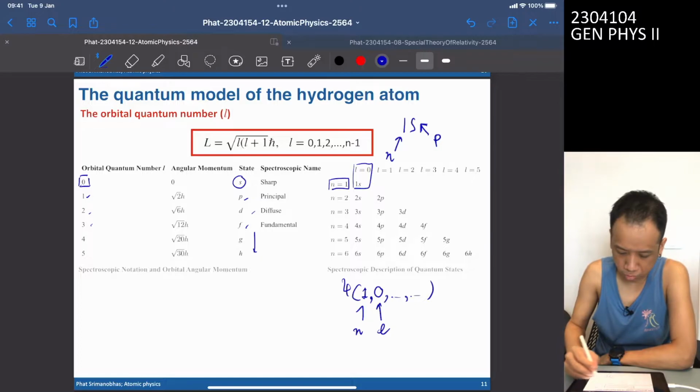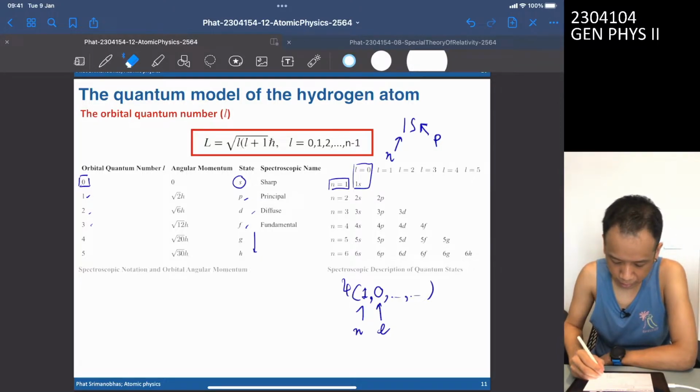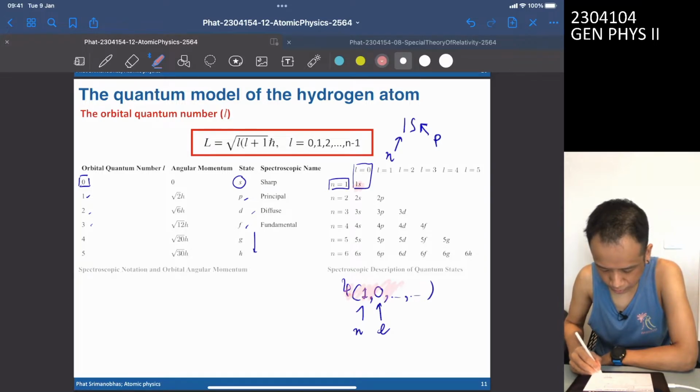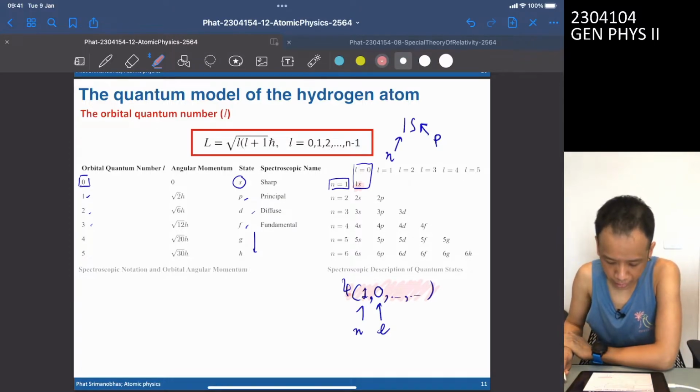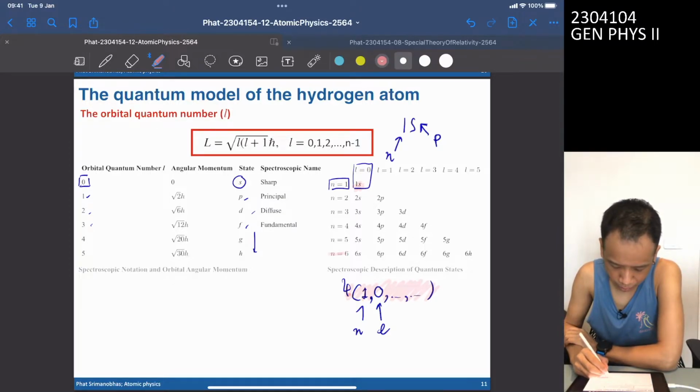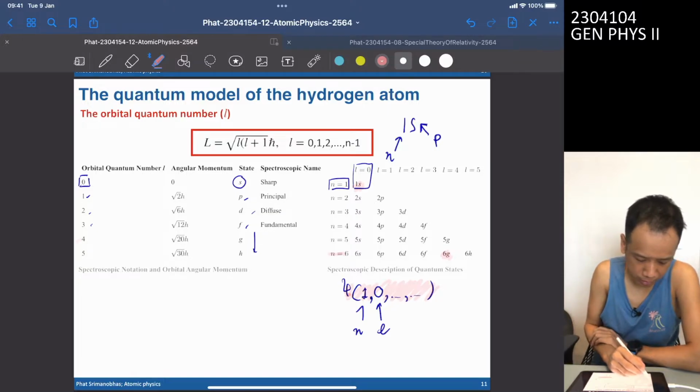You can write it in this way or in that way, it represents the same thing, the electron in that state. If n equals 6 and l equals 4, that is 6g, because at orbital quantum number l equal to 4, you use the symbol g.